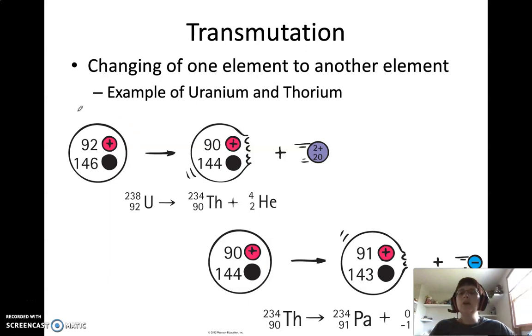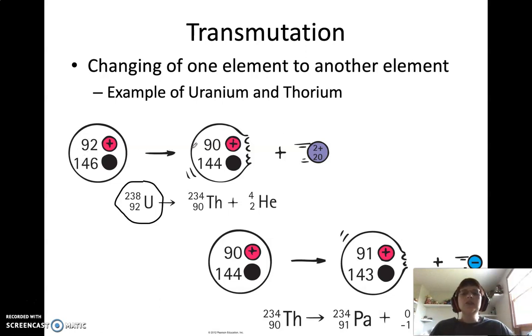So here we are starting with uranium-238. So we've got our radioactive element, and eventually those neutrons start to break down. And so we get our first transmutation. So we start with 92 protons and 146 neutrons.